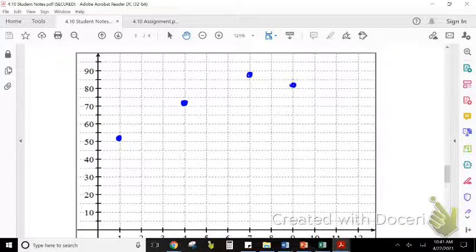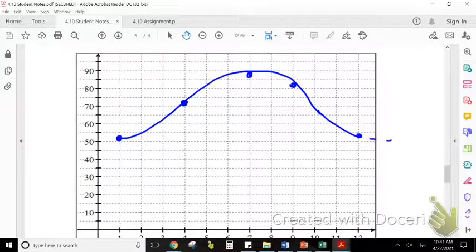You know that temperature is cyclic. You know that every January it's going to be approximately the same type of temperature, and every June, July and August it's going to be really hot, about the same temperature. So knowing that, we know that it is repetitive. It's going to have this cycle that's going to repeat. And so when I graph this, it should look like this, and I expect that it would just keep going about the same, okay? So go ahead and make sure you plot all your points there.